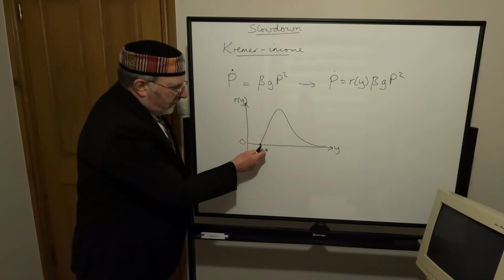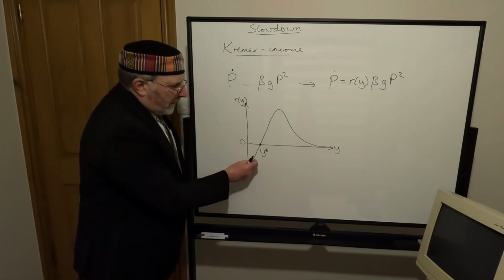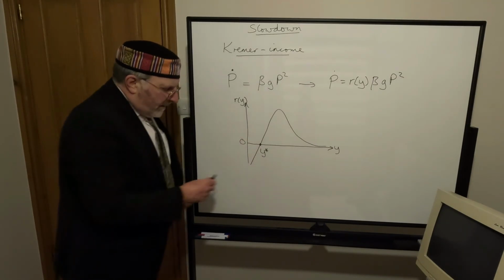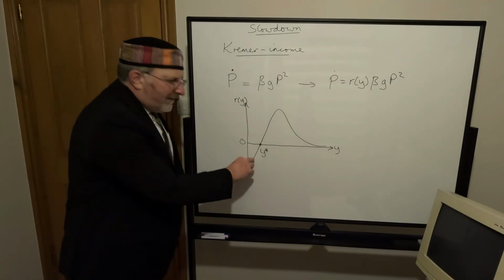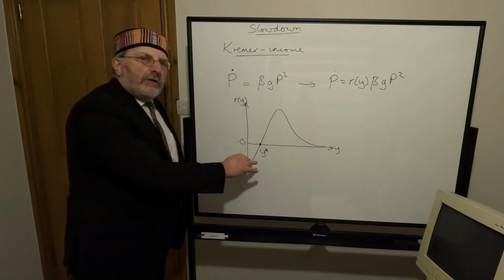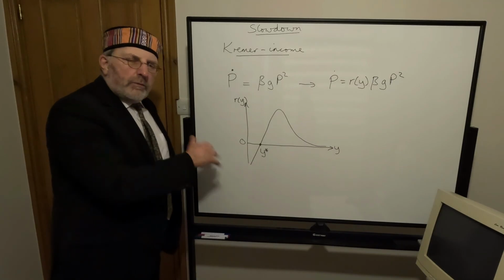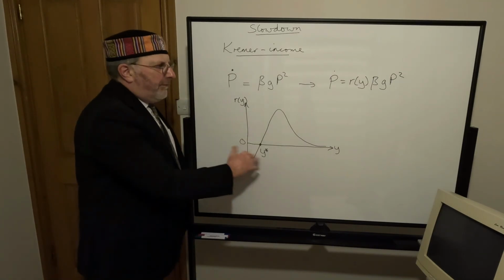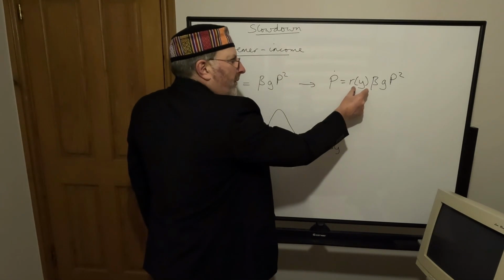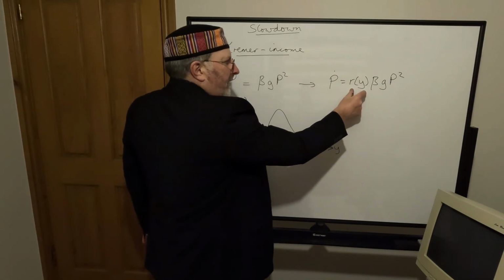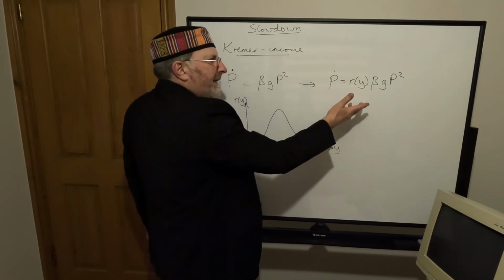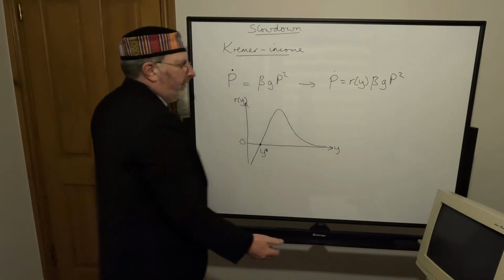And if y is less than y star, then r is negative, because this means people have less than they need to survive, so they're actually starving. So population we would expect to decrease, and r is negative. And so a negative value for r of y means that p dot will be negative, so p will decrease.